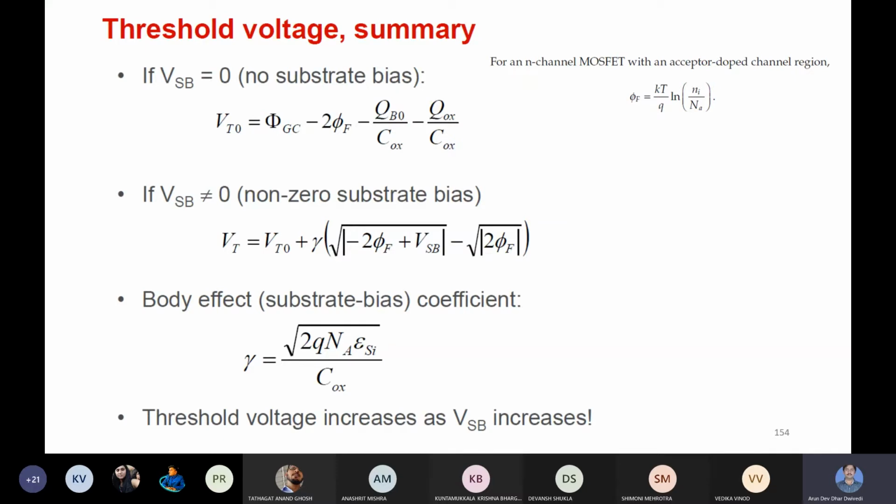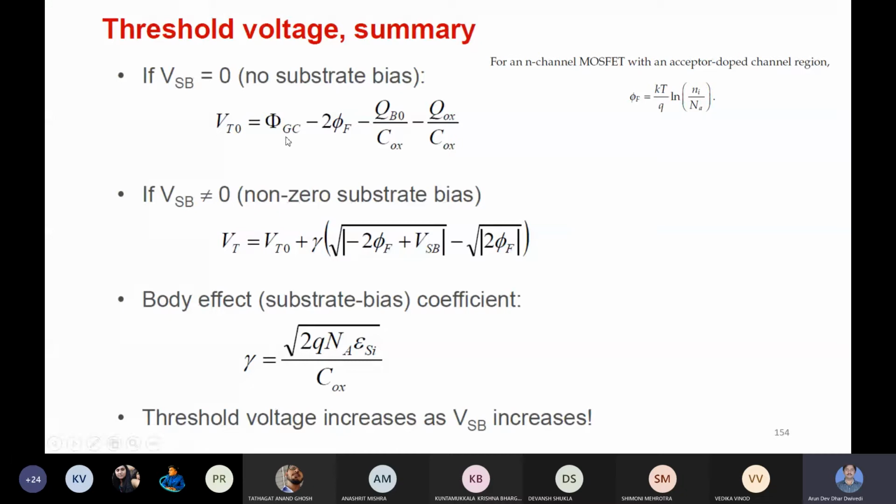So anyway, this is what phi GC is. Phi GC is the work function difference between the gate and semiconductor. If a p-type semiconductor is taken, then it is the work function difference between the p-type silicon and the gate, metal and semiconductor work function.